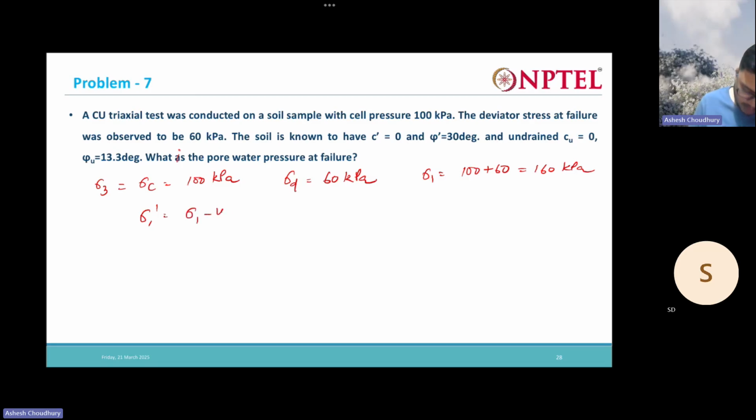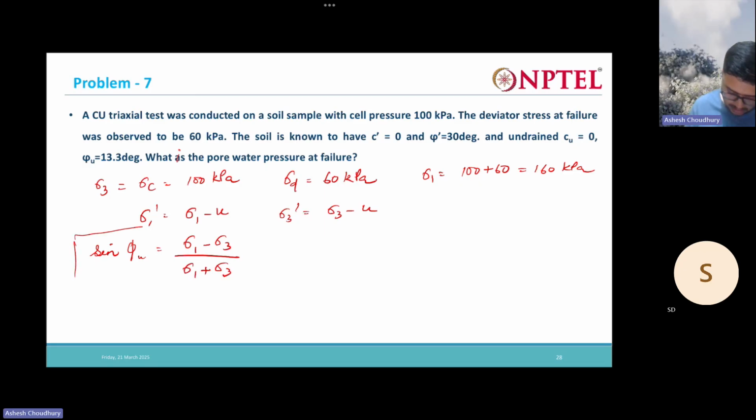Sigma 1 prime is sigma 1 minus pore water pressure. Similarly, sigma 3 prime is sigma 3 minus the pore water pressure. Let it be u. Now, please remember this relation for sine phi.